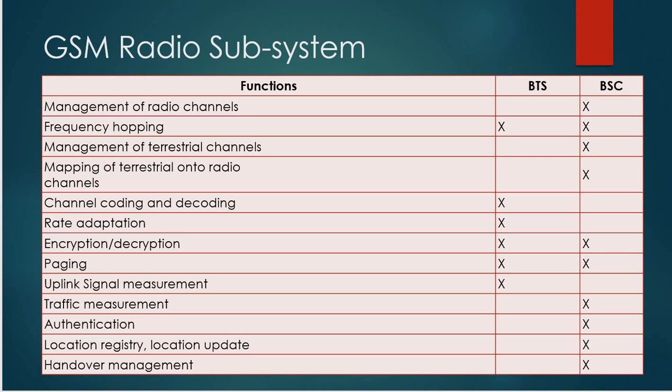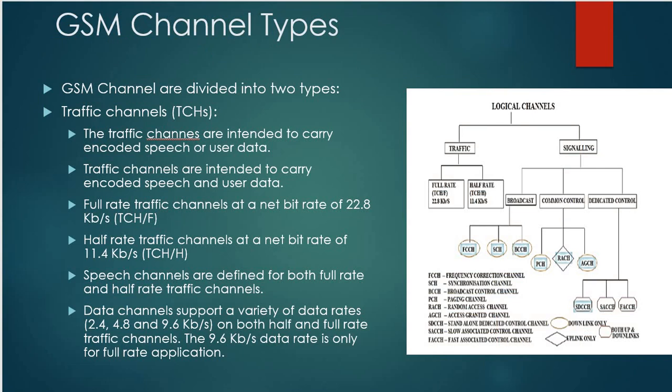Traffic management and authentication are done in the BSC, and location register update and handover management are all in the BSC. These are the functions in the GSM radio subsystem.